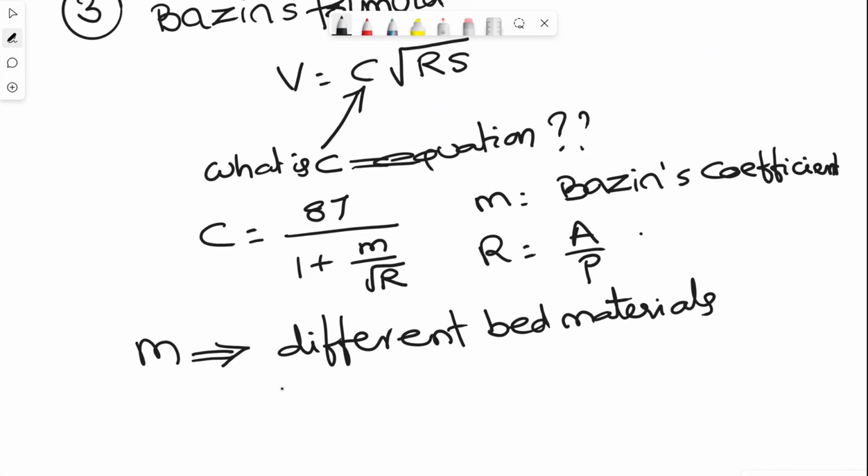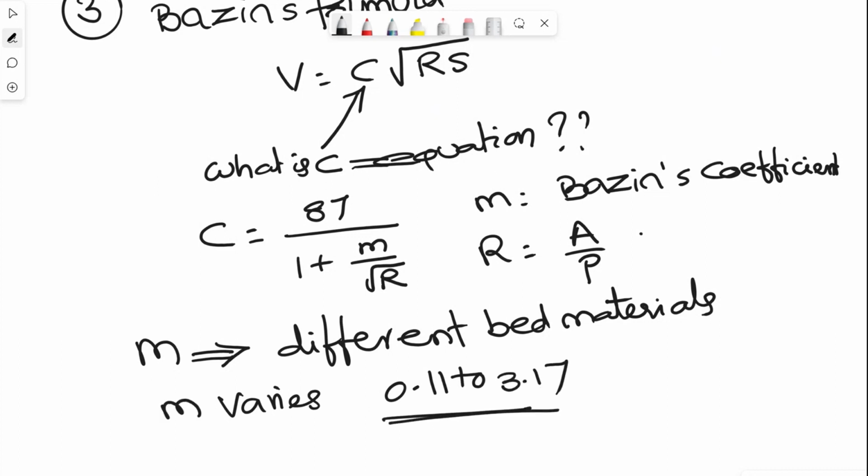This m value varies between 0.11 to 3.17. If you take m as 0.11, it is a very smooth boundary, and 3.17 is a rough boundary.